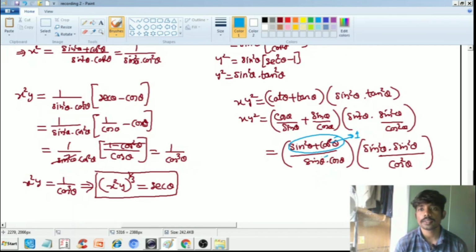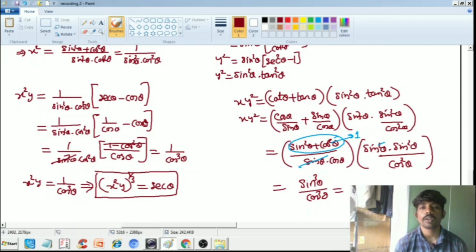Next, cancel the terms. One sin theta cancels. Cos theta, there is no cancellation of cos. This can be written as sin to the power of 3, sin cube theta by cos cube theta.